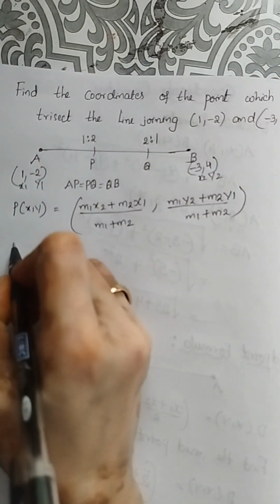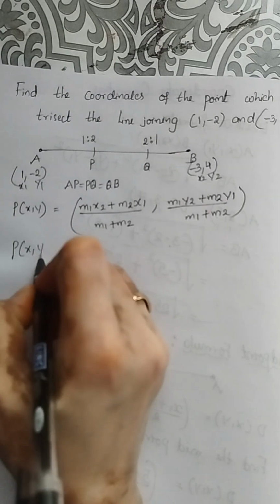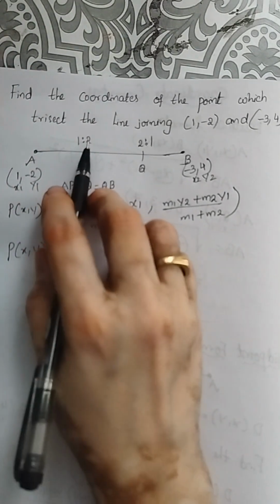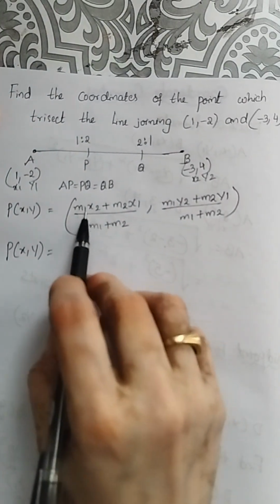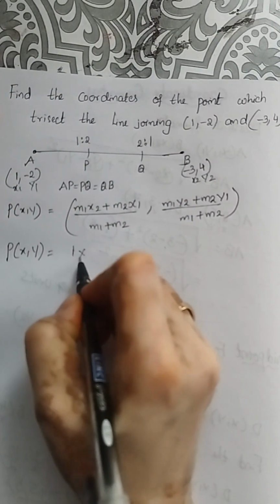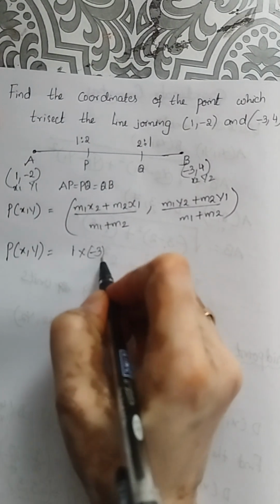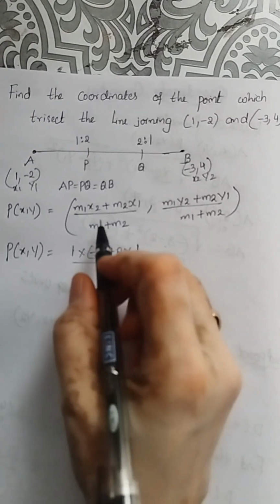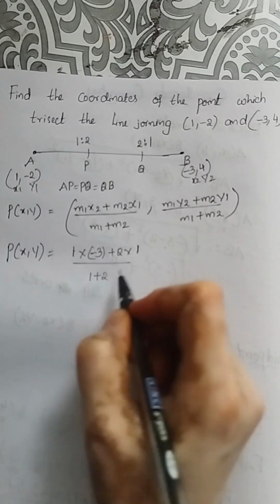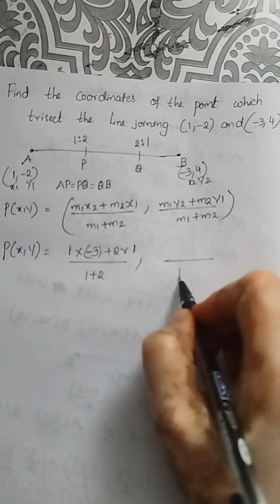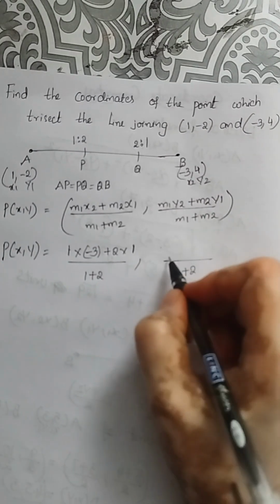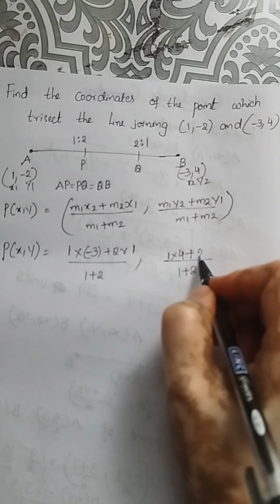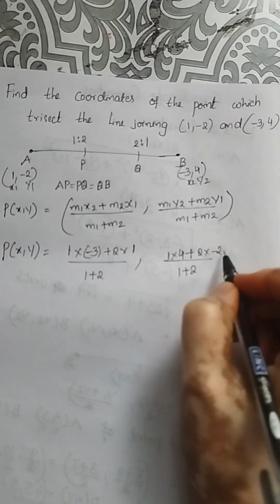So I am finding the coordinates of P (x, y). M1 is 1, M2 is 2 here. So M1 into x2, that is 1 into minus 3, plus M2 into x1, that is 2 into 1, by M1 plus M2, that is 1 plus 2, comma the denominator 1 plus 2, M1 into y2 plus M2 into y1, minus 2.